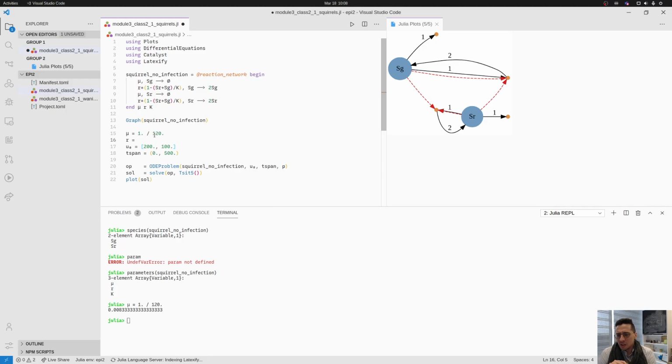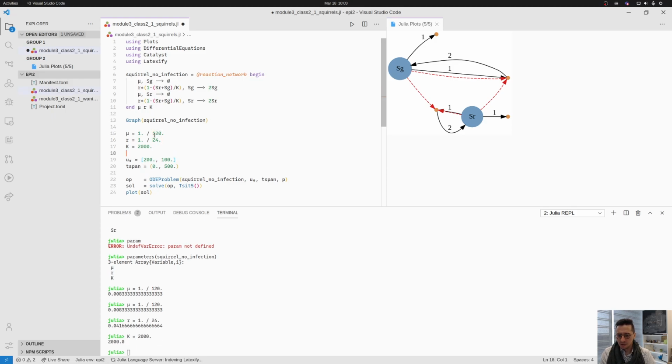R is how long does it take to create a new generation, or you can sometimes see it as the number of months during which an individual is able to reproduce, the average reproduction period across the lifetime of an individual. We are going to put that to 24, like every 2 years is going to be a new generation in our population. And K is going to be 2000. So these are the parameters.